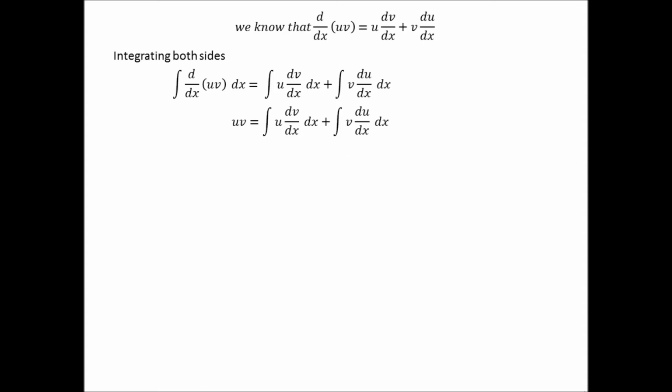Let's rearrange the terms, and we will obtain integral of u times dv upon dx is equal to uv minus integral of v du upon dx.